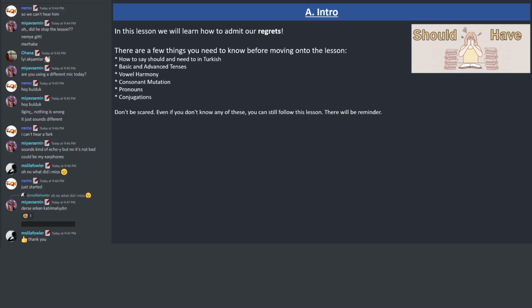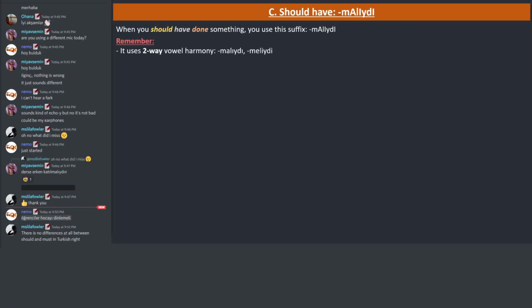So when you should have done something, you use this suffix. It's simple. You bring together malı and the past suffix. There's of course a y here too. The reason for y is a bit complicated.